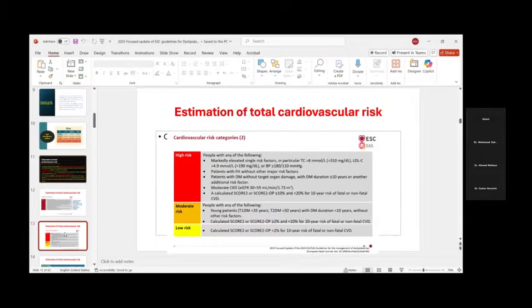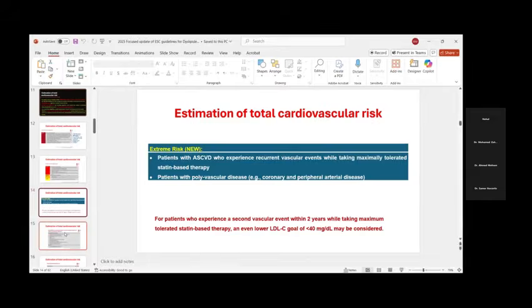And the same applies to the other risk categories. Just the cutoff values of SCORE2 and SCORE2-OP were added to define the other risk categories. But now we have a new risk category which is called extreme risk. This is higher than the very high risk category.